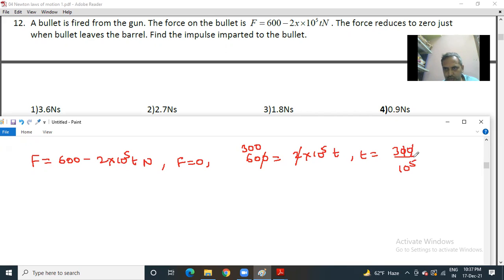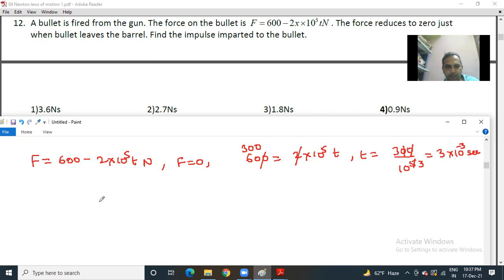You can cancel two zeros, so this will be 10^3, and taking it upwards you get 3 × 10^-3 seconds. Now this will be the time interval.